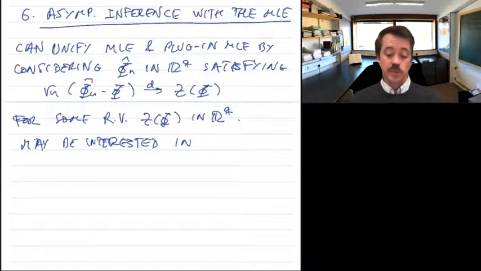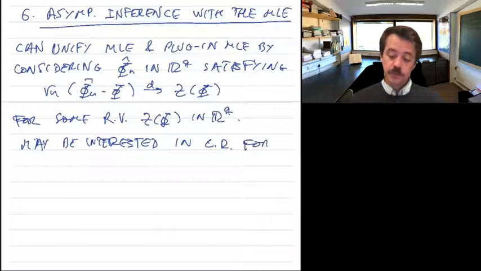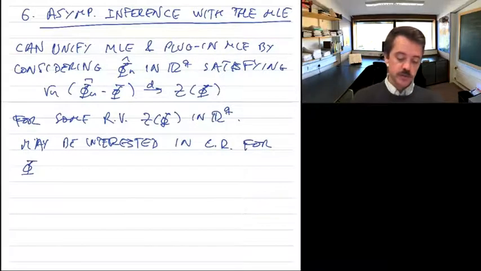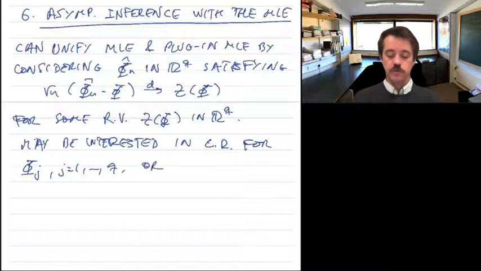We may be interested in one of the coordinates, so this guy, for j going from 1 to q, or a confidence region for the whole of this guy. So maybe just explicitly say, for the whole capital phi.